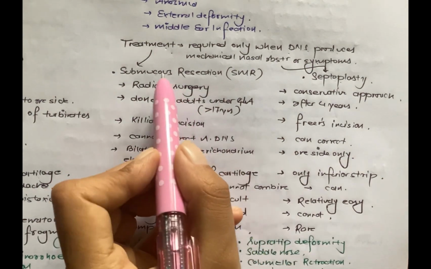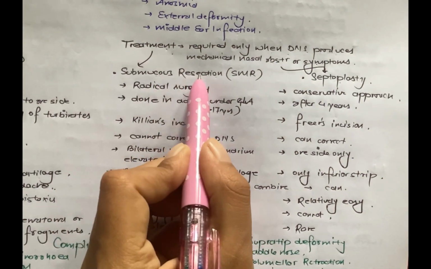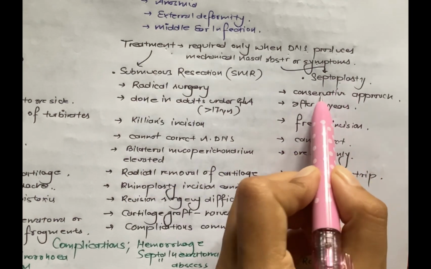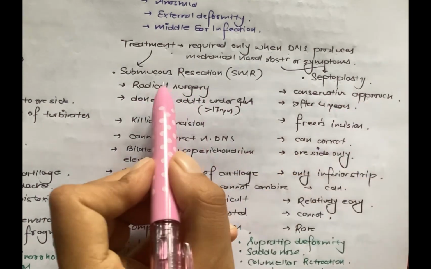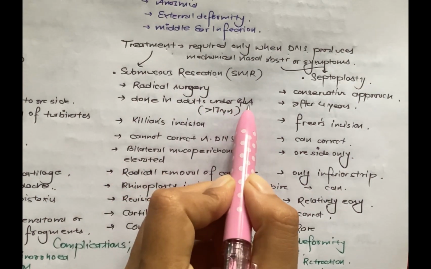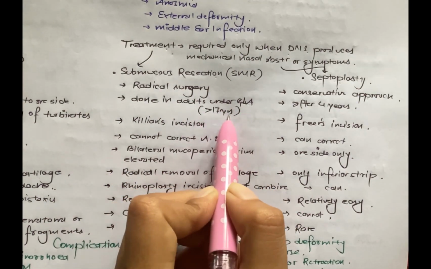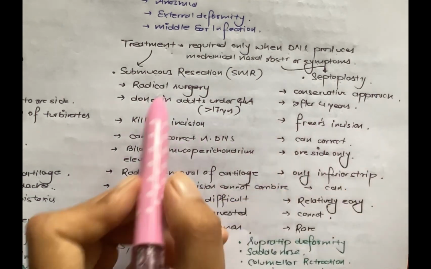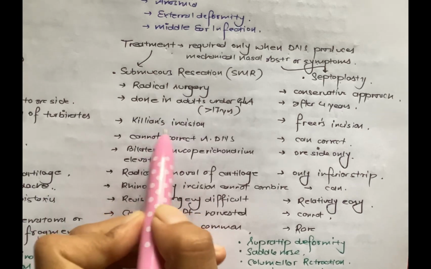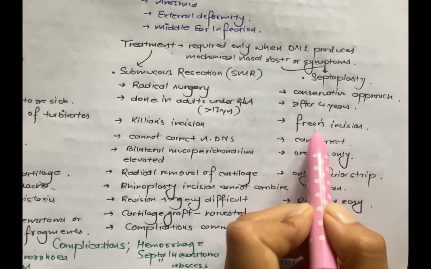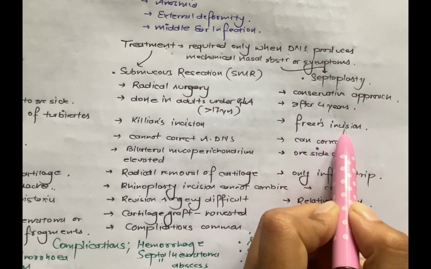Talking about submucous resection, it is a radical surgery, whereas septoplasty is a conservative approach. Submucous resection is done in adults under general anesthesia, that is more than 17 years, and septoplasty can be done after 4 years. In submucous resection, Killian's incision is given, whereas in septoplasty, Freer's incision can also be given.